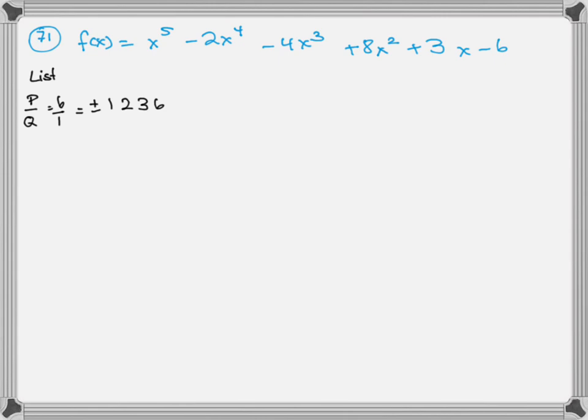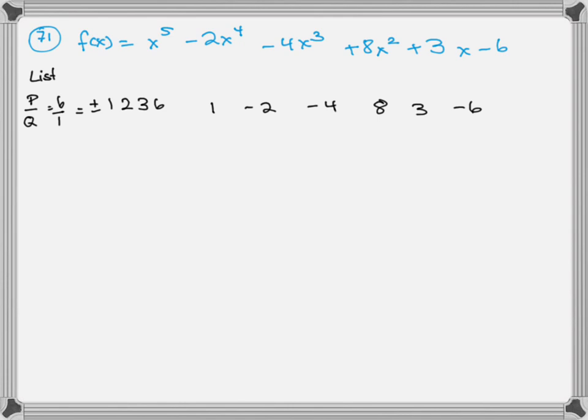And this is to the 5th power, so believe you me, we have to find 5 of them. We haven't done a 5th one, but let's just go through one of them and see how much fun that can be. We're going to start off with 1, -2, -4, 8, 3, and -6. There's no missing term.